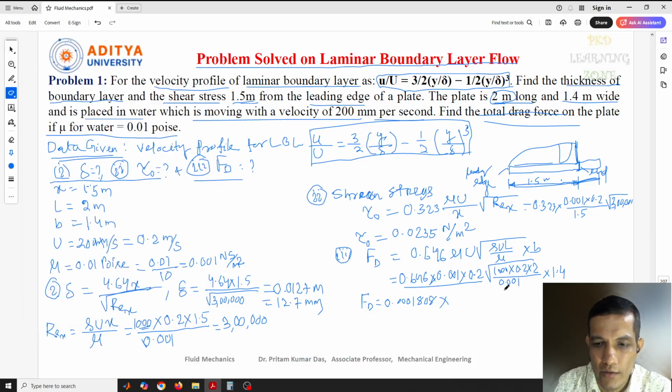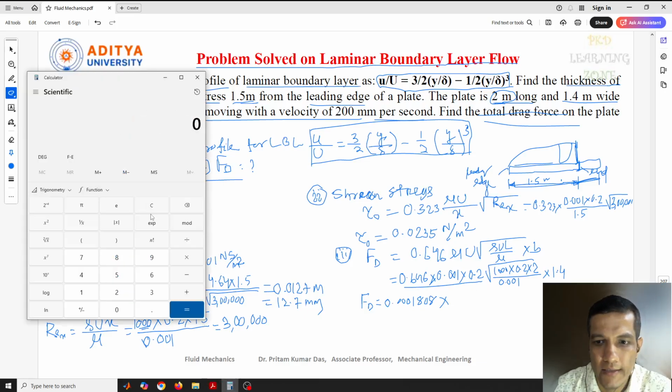The other value is 1000 into 0.2 into 2 divided by 0.001. The root over of this is nothing but 632.